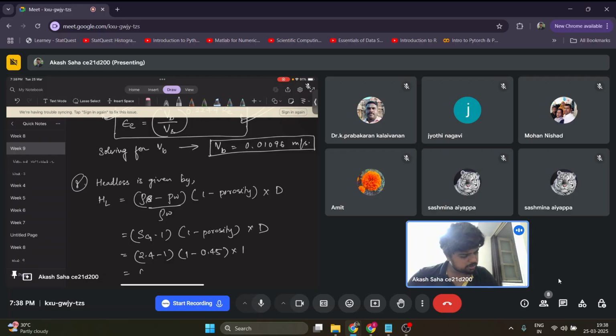So it will be around 0.77. So this is the head loss.